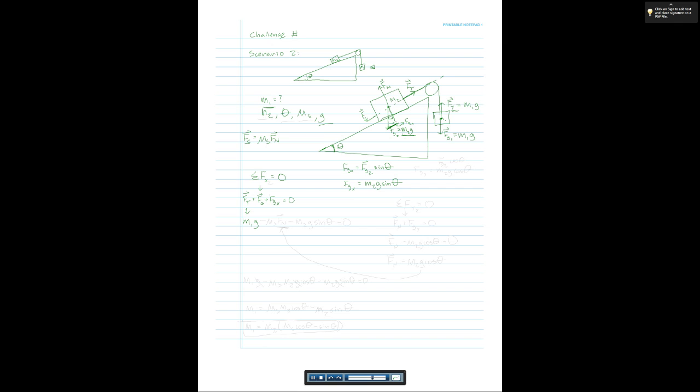Static friction is negative because it's pulling down the ramp, so I'm going to go minus mu s times Fn. And then the x component of my weight is also negative because it's going back in the negative direction, so I'm going to go minus M2G sine theta. All of that needs to equal 0.